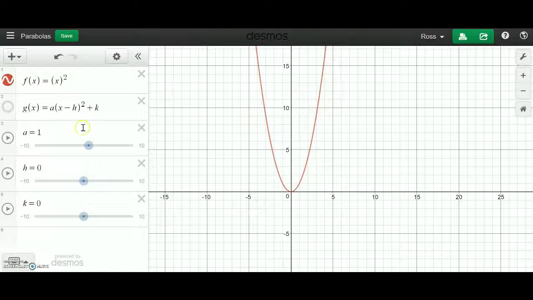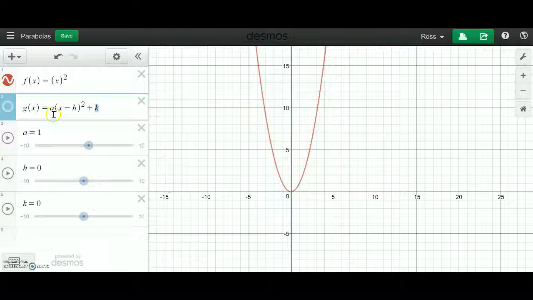What I've done here in Desmos is I have made what at first look may appear somewhat complicated, but it's really not, and I'm going to walk you through this. I've got these sliders in for these values such as a, h, and k. You can see here a currently equals 1, h equals 0, and k equals 0.